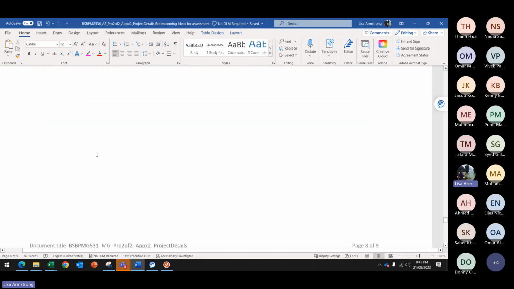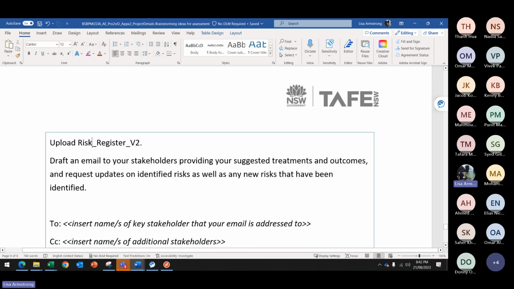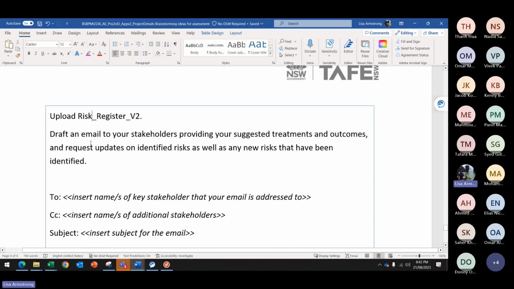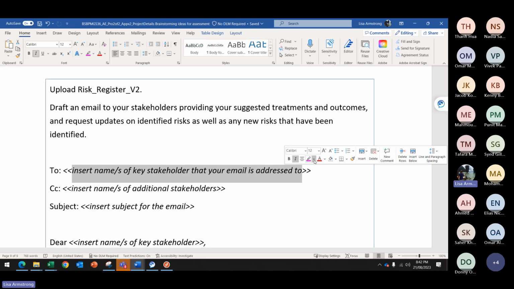We're doing well, guys. Task 4, draft an email. So this is our email again. So you can insert the name of the stakeholder that you're emailing.